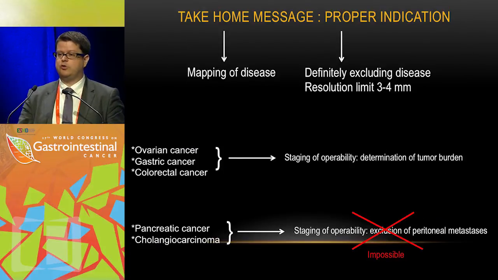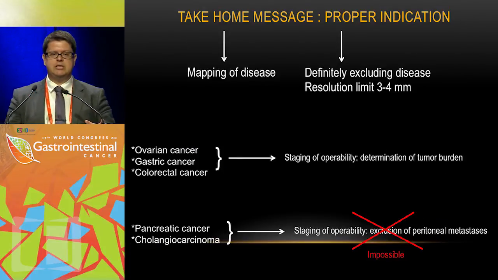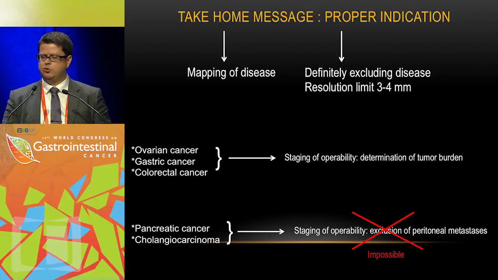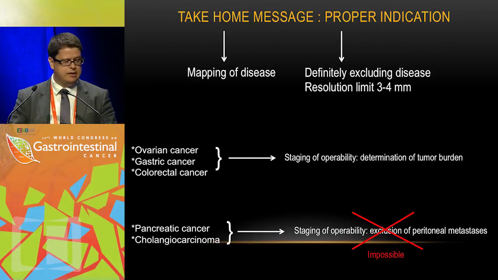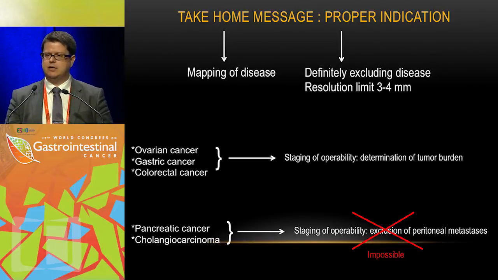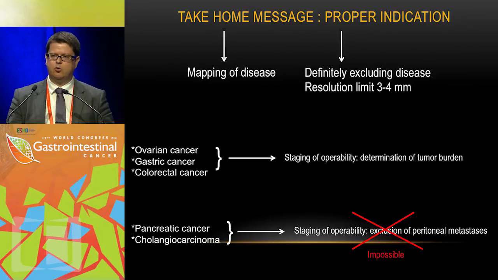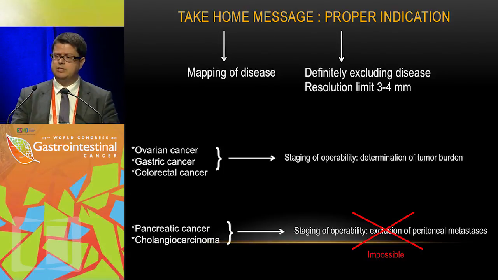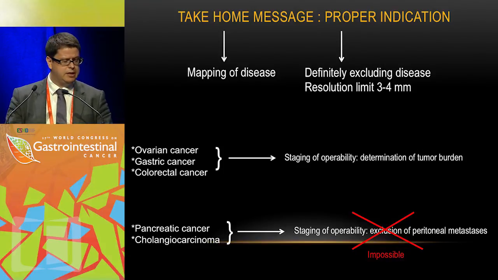The second also for diffusion MRI, because often you will see it doesn't work, it does work, but it's extremely important to look for the proper indication. It is meant to map disease, but of course this is not a perfect technique. There is a resolution limit of 3 to 4 millimeter, and for that, ovarian cancer, gastric cancer to lesser extent, and colorectal cancer, where we want to predict the treatment outcome and help staging of operability, is a very good indication.